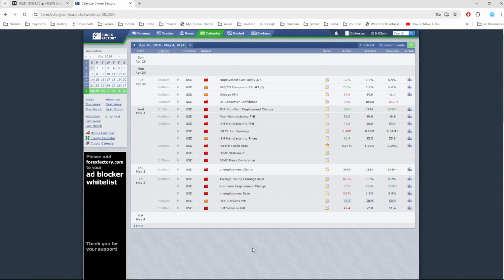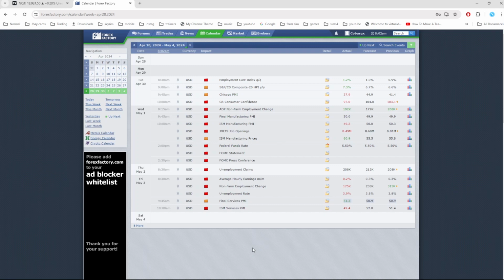Market gives you a market structure shift, and for the sake of this example, let's say the market gave you a 2022 ICT mentorship model, which is a fair value gap entry. And let's say we had 15-minute equal highs and we were going to long that idea.